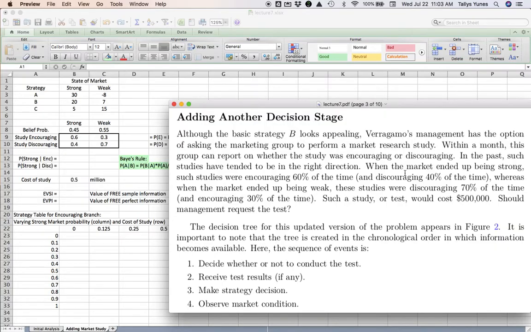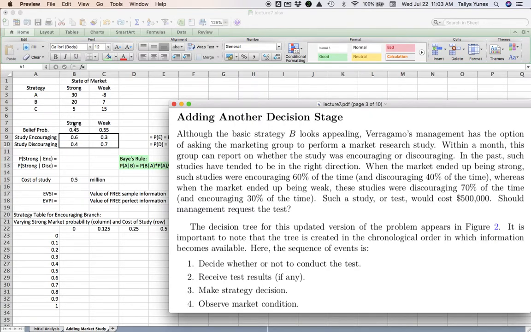Whenever the market was strong, how often did these guys predict correctly? As in, how often did they say, I am encouraged? And this number is 60%. And they predicted incorrectly, as in, the market turned out strong but they predicted discouraging, 40%, the remaining probability. And this is what this number is over here.